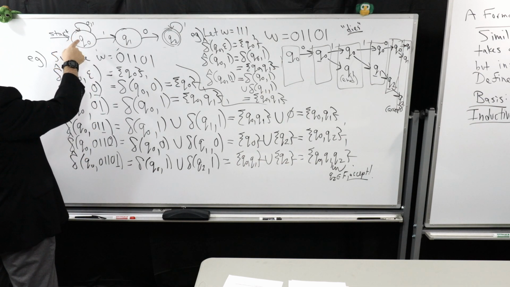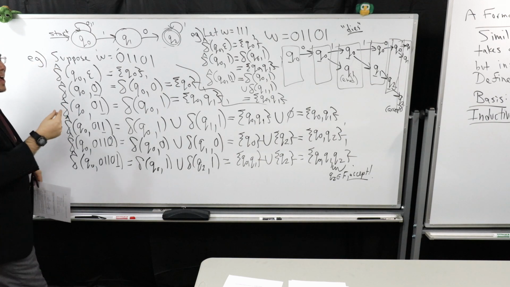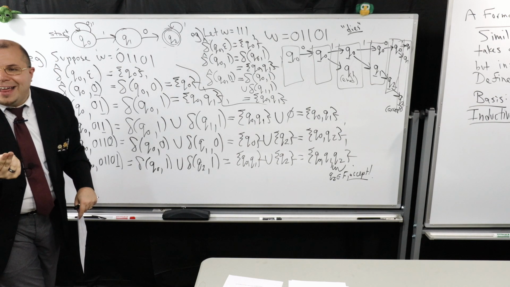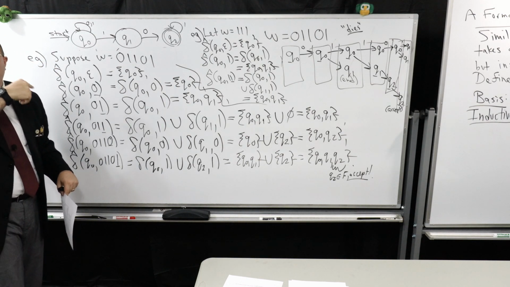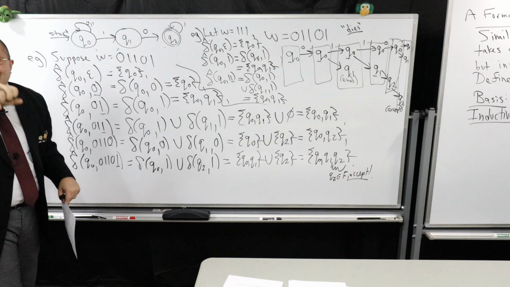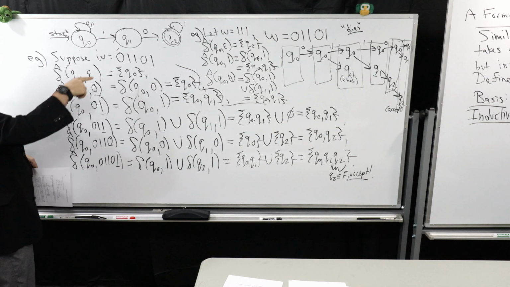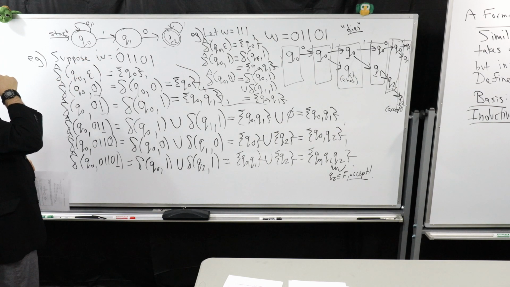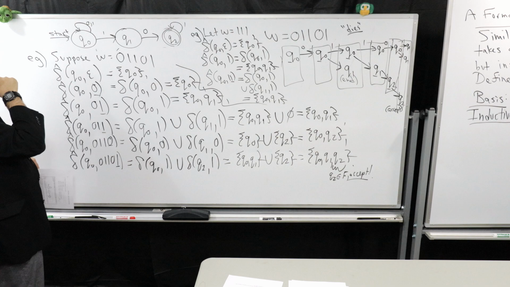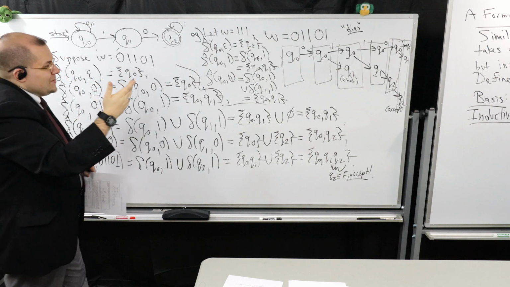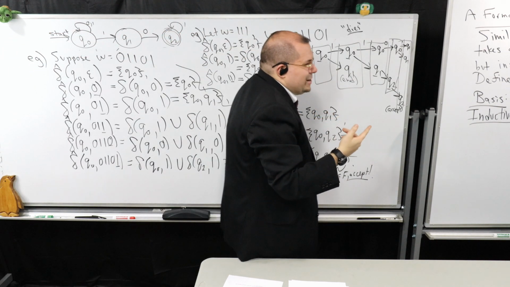But in contrast, because this self loop exists, it always allows me to create another thread of execution that allows me to stay alive. Does everybody see that? So no matter how many 1s I put into this thing, it doesn't get killed, right? It's just going to keep giving back Q0, Q1.